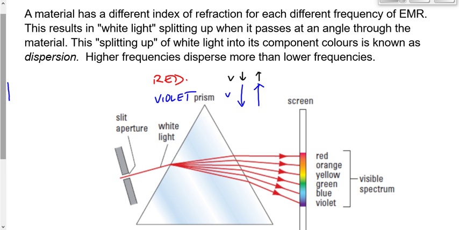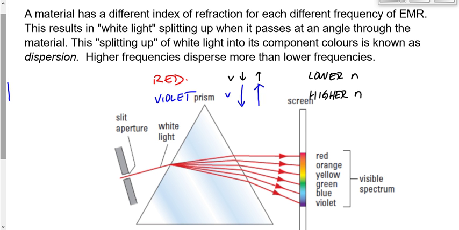Red light would produce a lower index of refraction than would violet light.